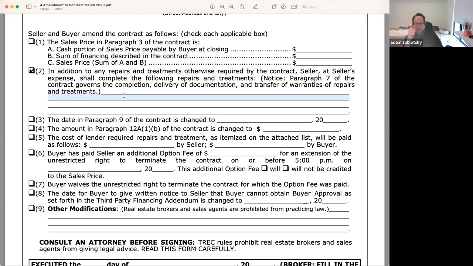Yes. Zareen, what language can you use in number 2 that says see attached, that would list out all of the items? Yeah, I would say like plumbing repairs referenced in section 5A 7B of the inspection report. See attached, or you could put together a little Word document where you copied everything. Or if you're going to send them the whole inspection, I would just reference the sections of the inspection.